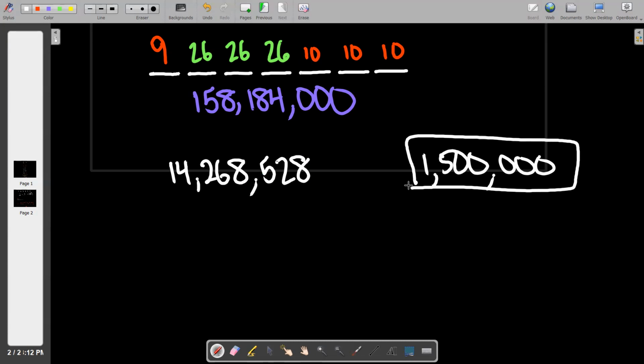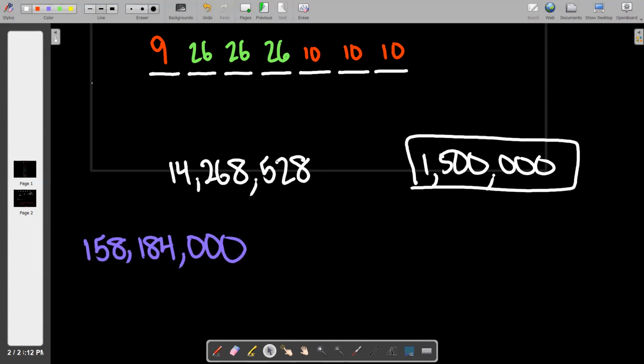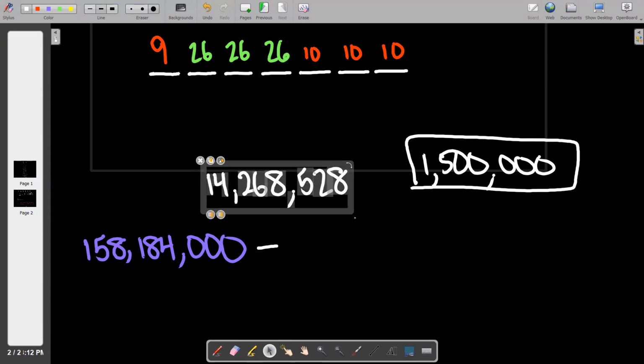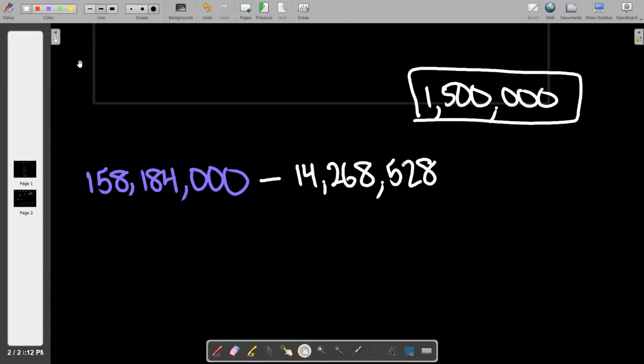So the math of it to me was pretty simple. I took the 158,184,000, and I subtracted the number that are currently on the road. And if by some chance this is still making sense, here's my logic.